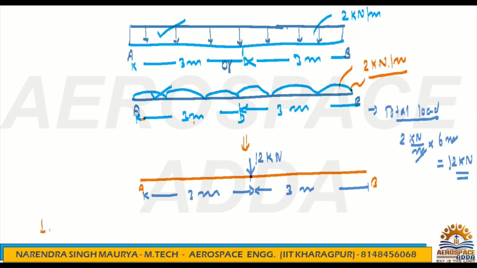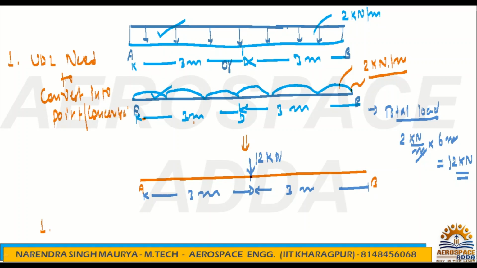First point, for the UDL, I will write here: the UDL needs to be converted into a point or concentrated load. This is point one.